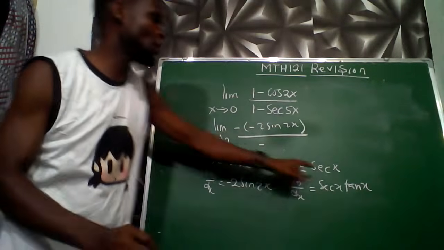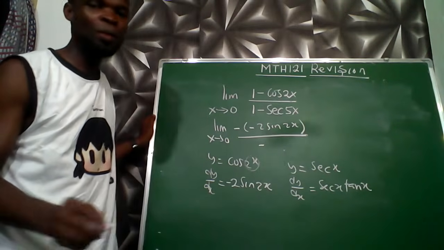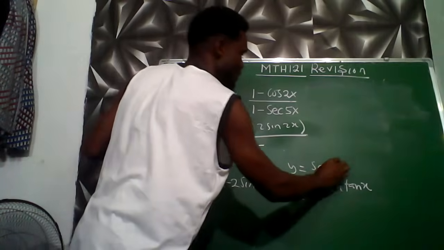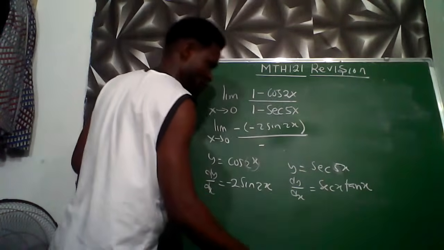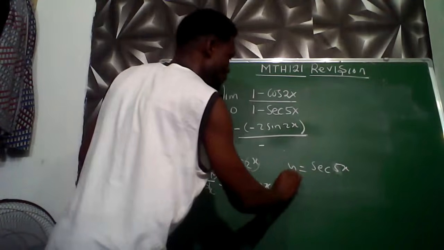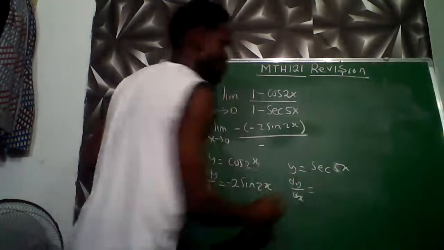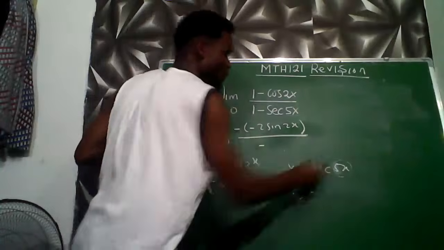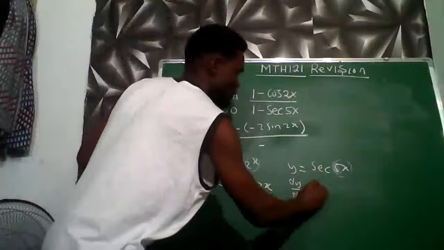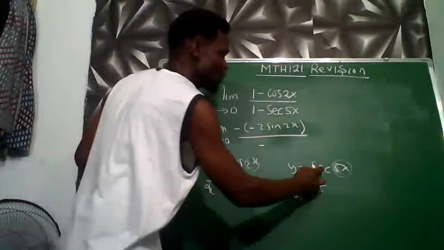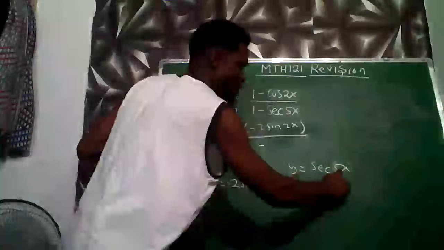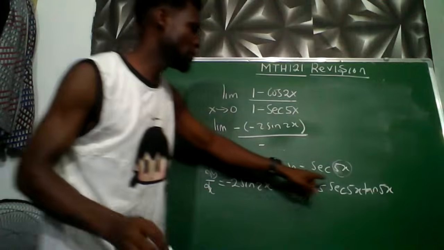That's the derivative of sec x. So if I am differentiating sec 5x, dy over dx will be equal to the derivative of 5x, which is 5, then sec 5x tan 5x.